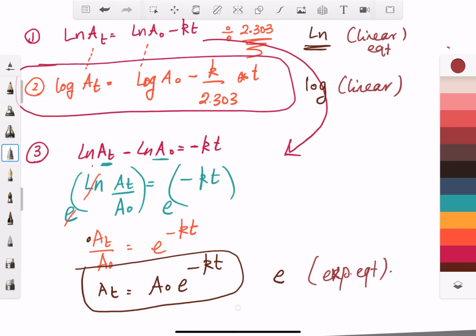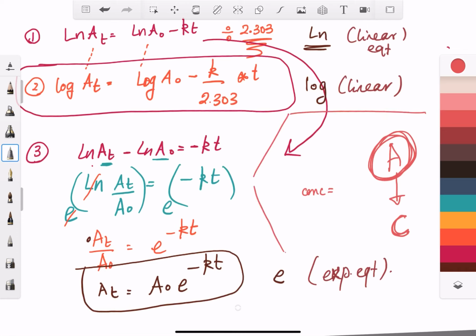so, and again, those are using terms of A as the amount of the drug, and as I just mentioned in the zero order reaction, we can have it in terms of concentration of the drug by just knowing that the concentration of the drug equals amount over volume.